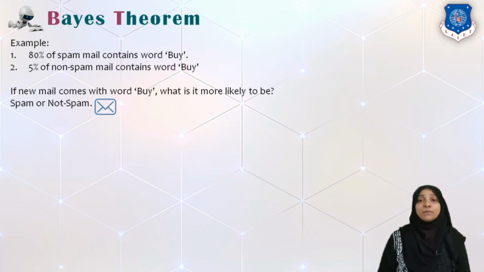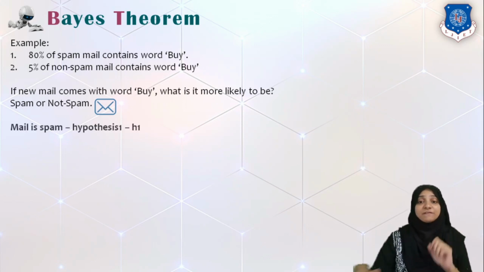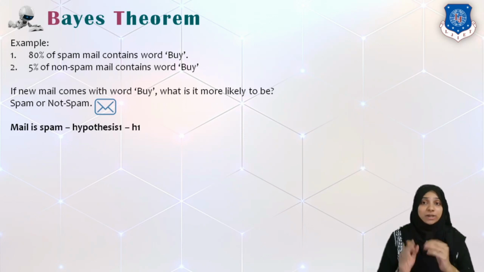So if I tell you there is a new mail which contains the word "buy", what is it more likely to be? Is this mail which contains the word "buy" a spam mail, or is it not a spam mail? Is it enough information to deduce a particular hypothesis?